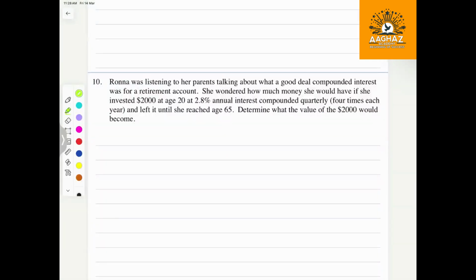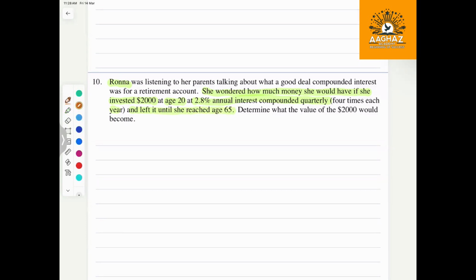Okay, so now question number 10. Her parents were talking about compound interest for a retirement account. She wondered how much money she would have if she invested $2,000 at age 20, at this rate, compounded quarterly, 4 times each year, and left it until she reached age 65.